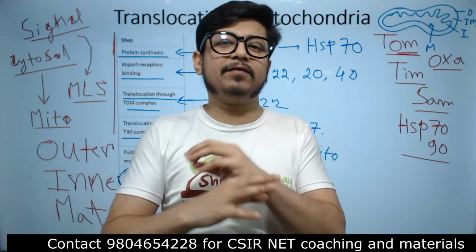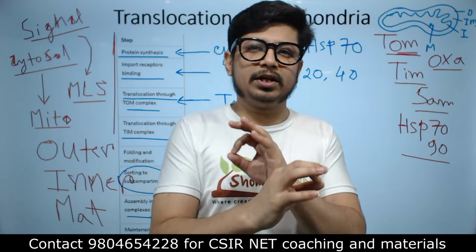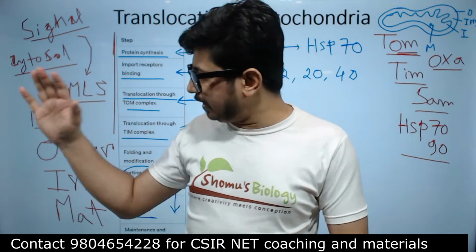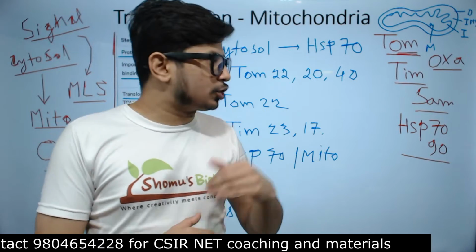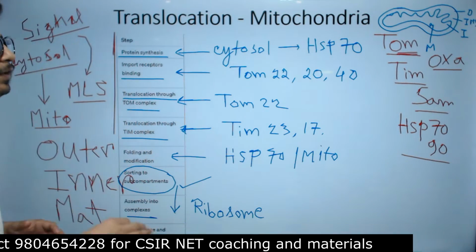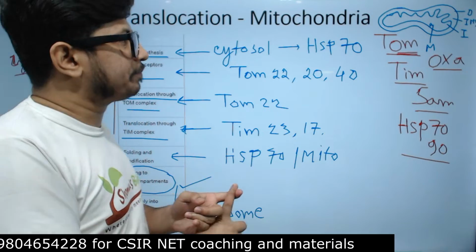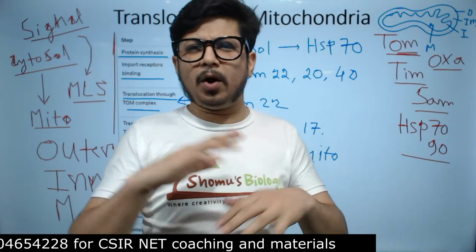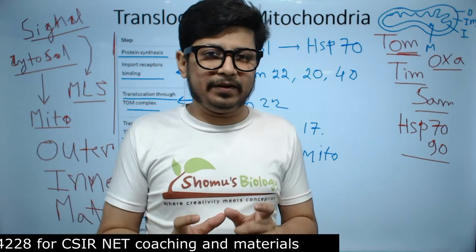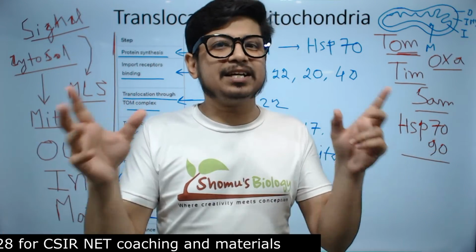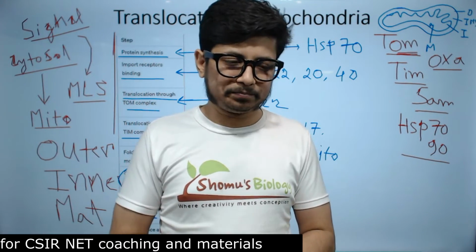I believe you have a clear understanding of mitochondrial protein translocation now. If you understood this pathway clearly, it's fine. We'll move to the next slide showing you the involvement of different proteins like OXA, SAM, TIM, TOM, all these complexes and how exactly they're involved in delivering a protein to its destined location inside mitochondria.